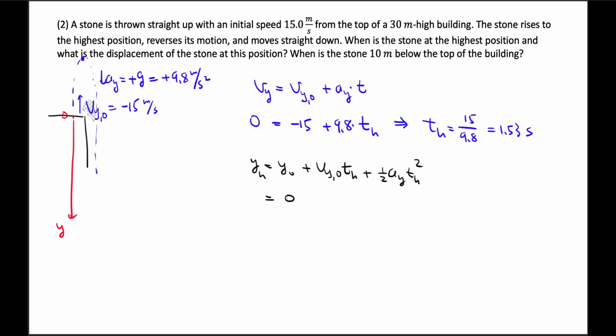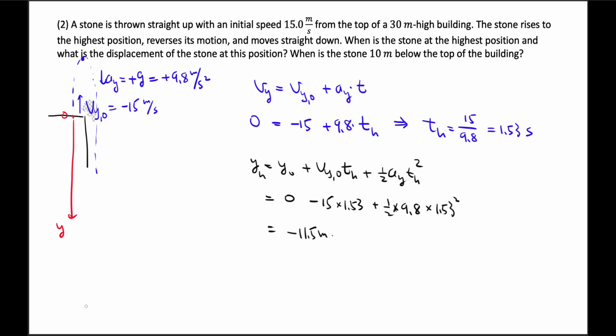Let's plug in the numbers. 0 plus minus 15 times 1.53 plus 1/2 times 9.8. Now it's positive here. Now the answer here is negative 11.5 meters. Okay, so now it becomes negative because it's this direction, right? This position direction is negative.